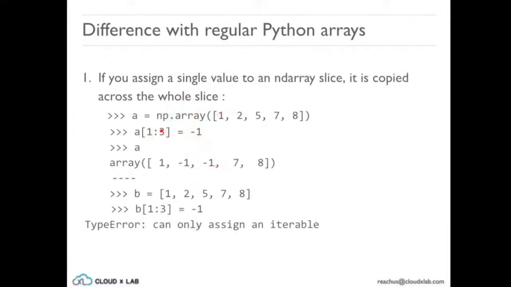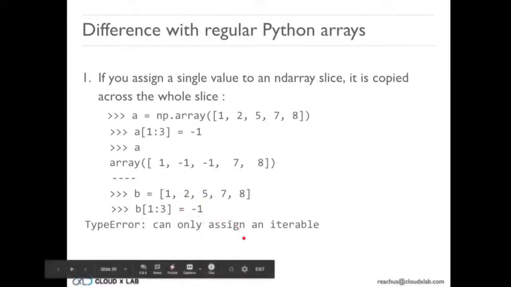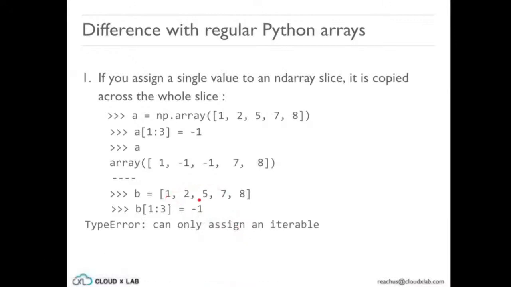Basically items 1 and 2 will get reassigned to -1. But if I try the same thing with a Python list, it's not going to work, it's going to fail. We'll see this in the demonstration also. So this is one of the positive things for NumPy arrays. Besides being faster, it's more flexible. There are more things you can do with it.